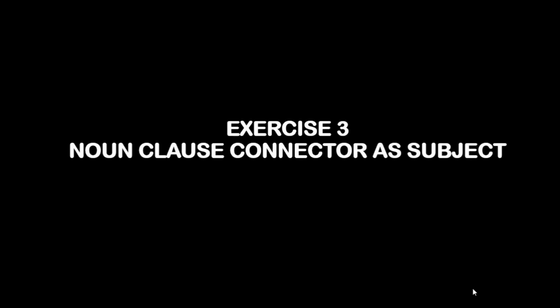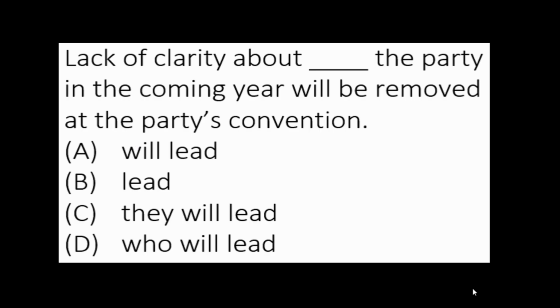Then, go on to the next exercise. Exercise 3 is still about noun clause connectors. This one is about a noun clause connector as subject. Here is the example. Let's find the subject and verb first. We find will be as the verb and lack as the subject.